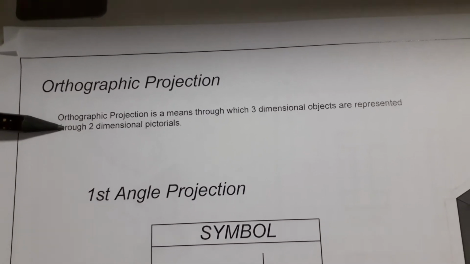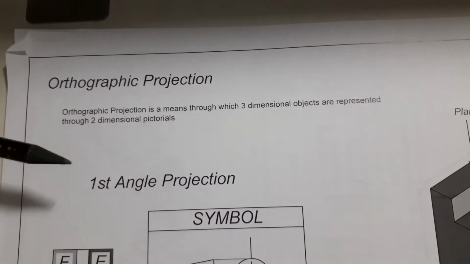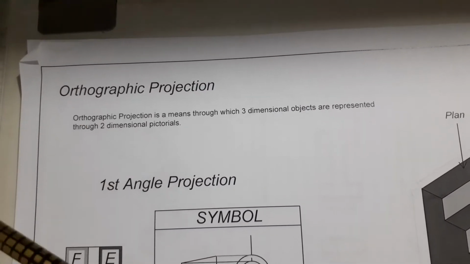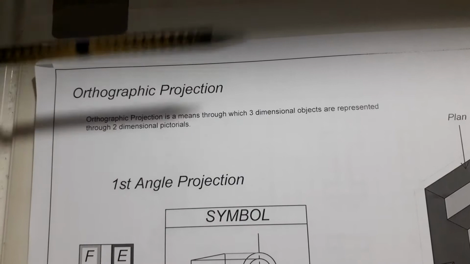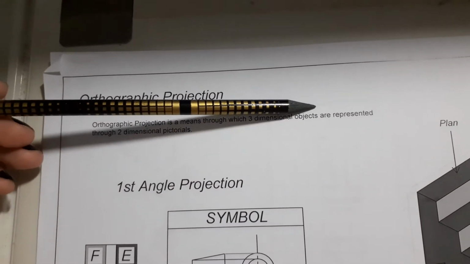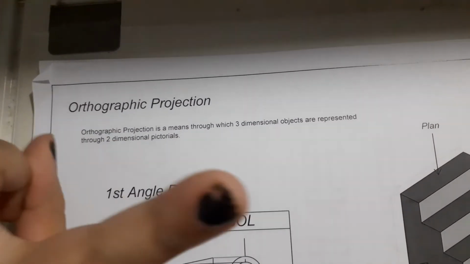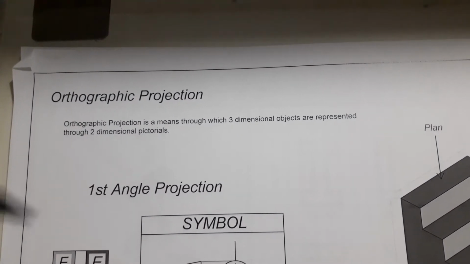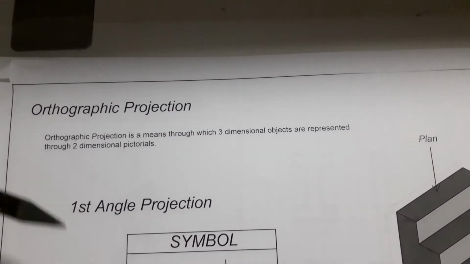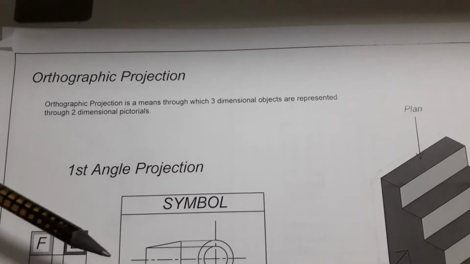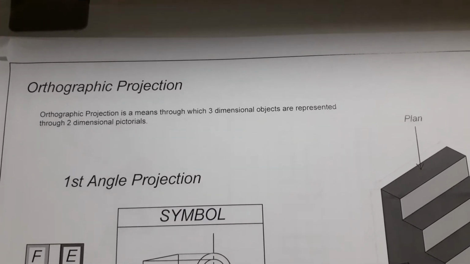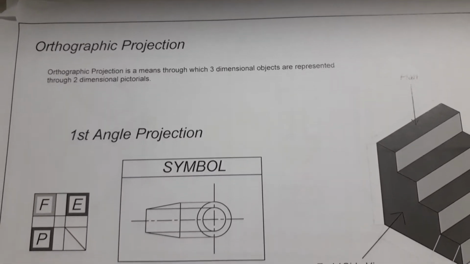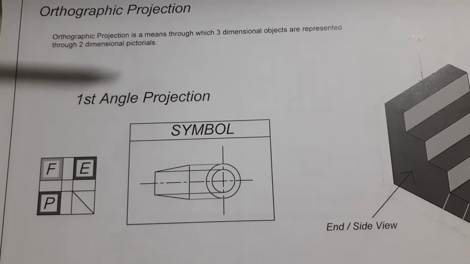Orthographic projection is a means through which three-dimensional objects, so 3D diagrams, are represented through 2D pictorials. So, orthographic projection is a way of looking at 3D diagrams through 2D diagrams. I'm going to show you what I mean.